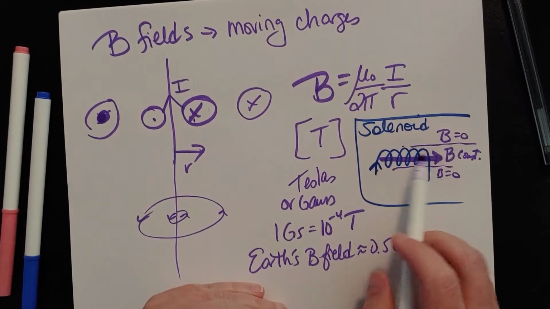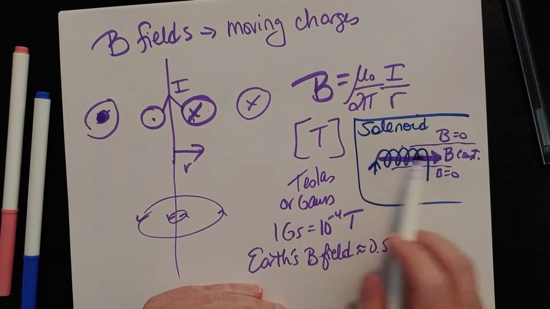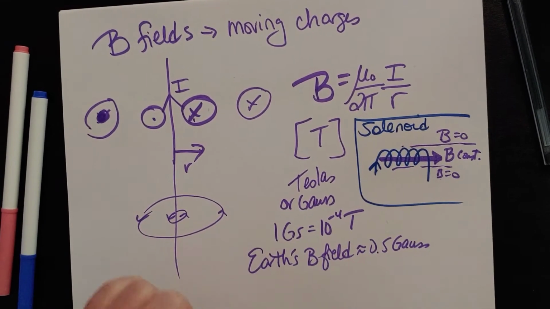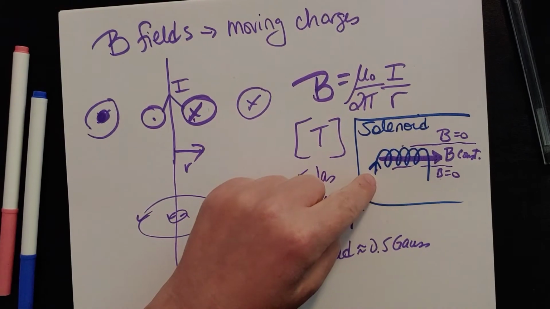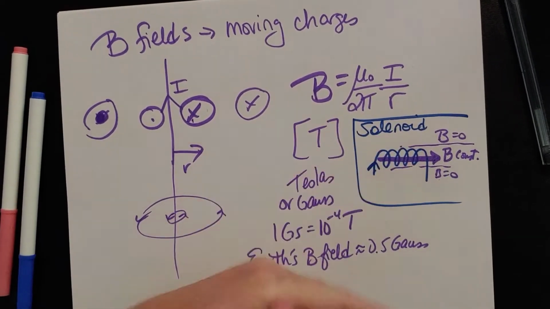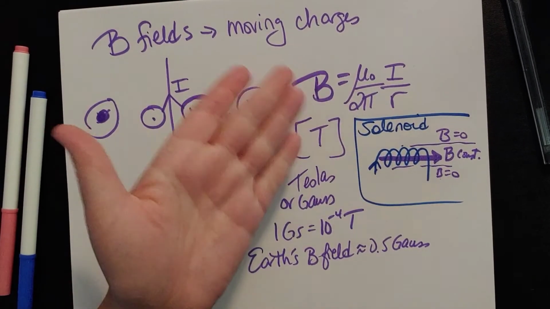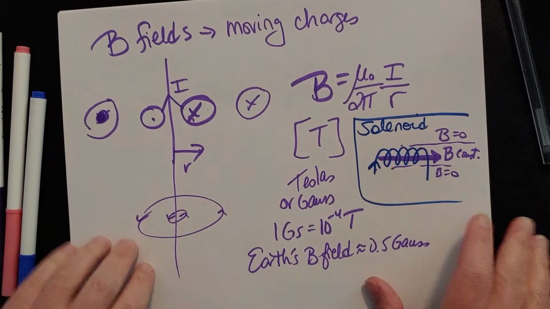To make this B stronger, you can put a magnet inside. And so this is part of something called an electromagnet. Because when you turn on the current, that's when you get a magnetic field. If there's no current, you don't have a magnetic field. Okay.